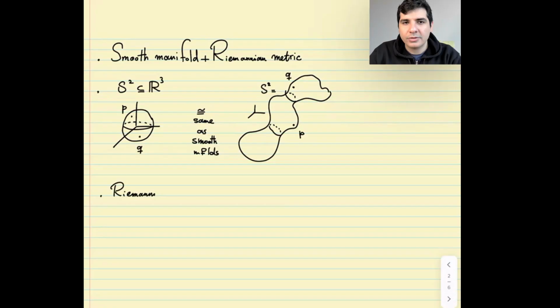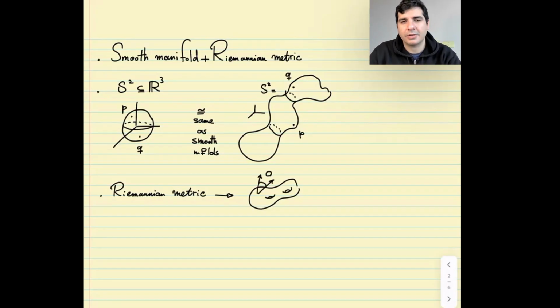So today we are supposed to define what is a Riemannian metric on smooth manifolds, and we would say this allows us to do geometry. The essential things this allows us to do: first, we can compute angles. If we have two tangent vectors on our manifold, we can compute the angle theta between them. This allows us to compute the length of curves.